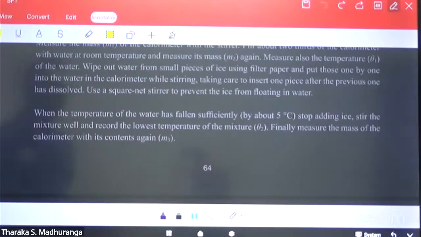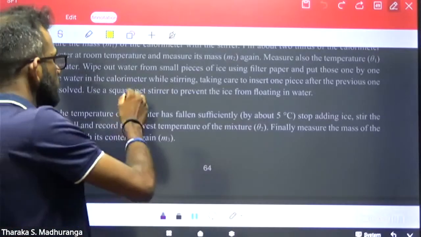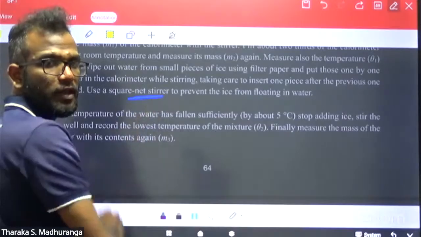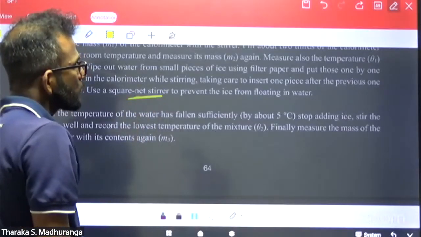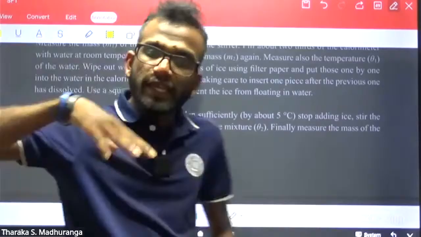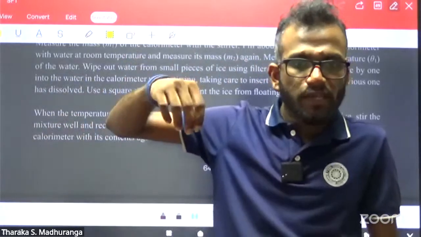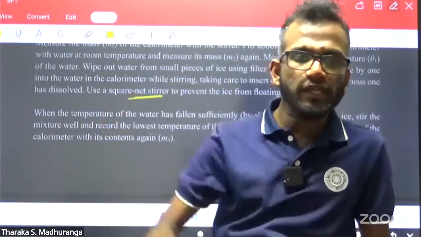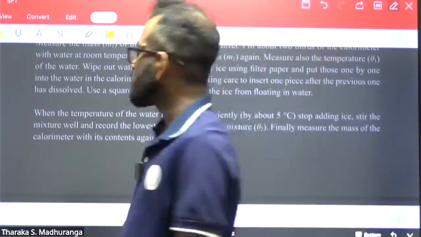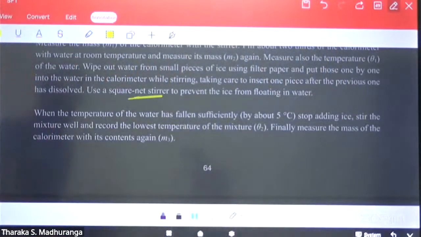Use a net stirrer, important, to prevent the ice from floating in the water.